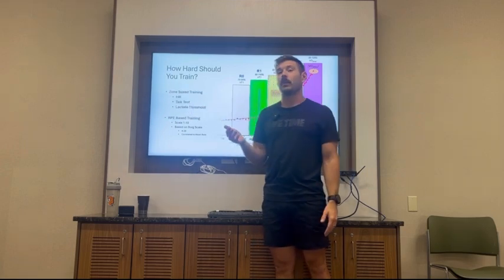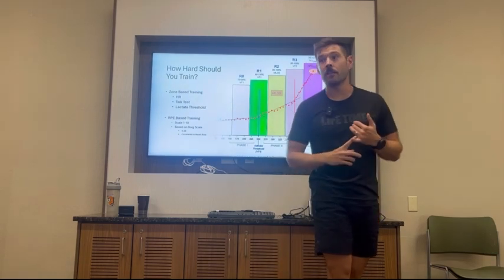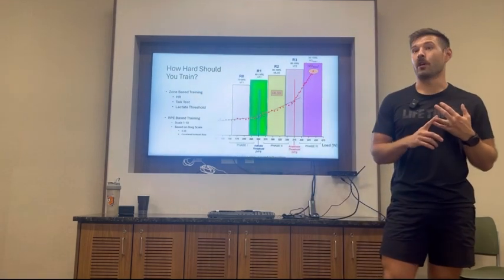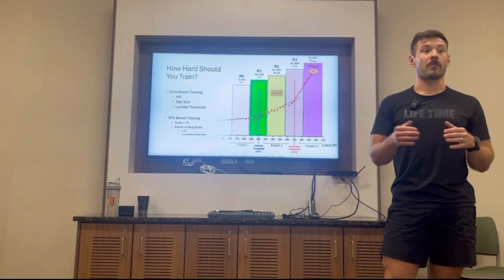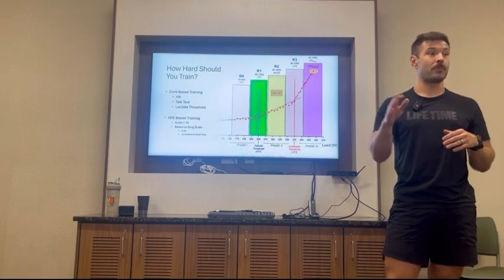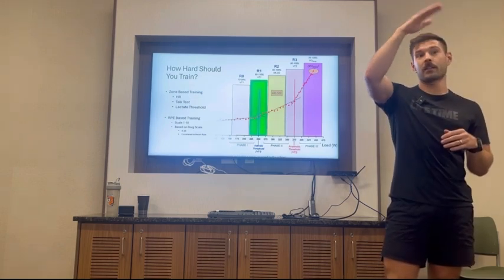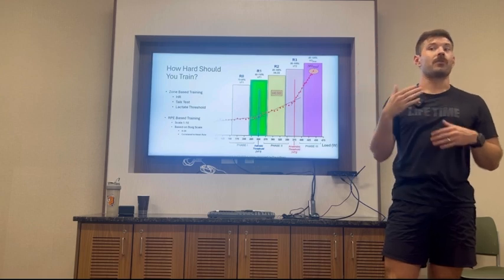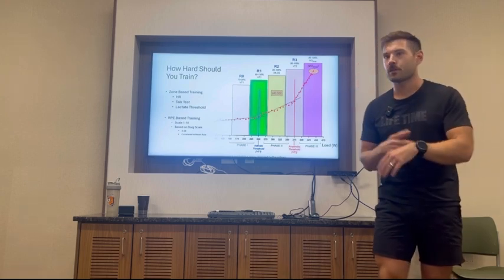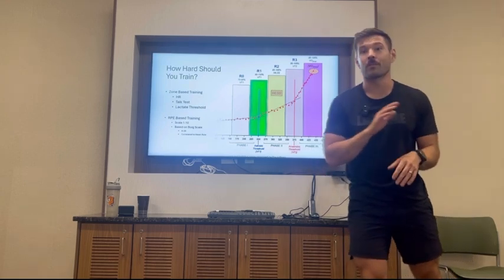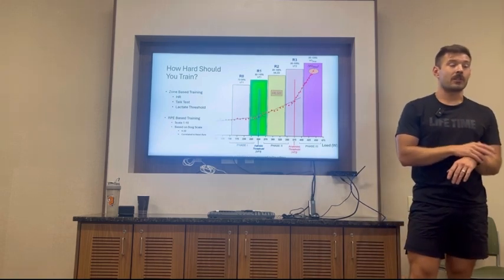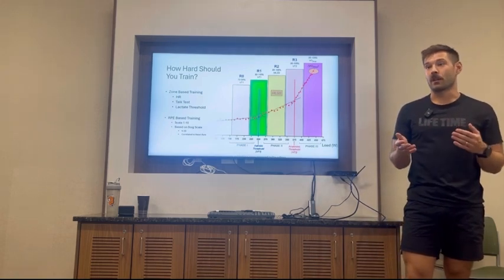Your heart rate can be influenced by things like how much caffeine, how much sleep you got. If you're very tired, some people's heart rate goes really low. Some people get wired and your heart rate goes high. So if you probably use your watch. Those of you who come to my classes, I don't rely on that all too often because your heart rate is dependent on so many things.